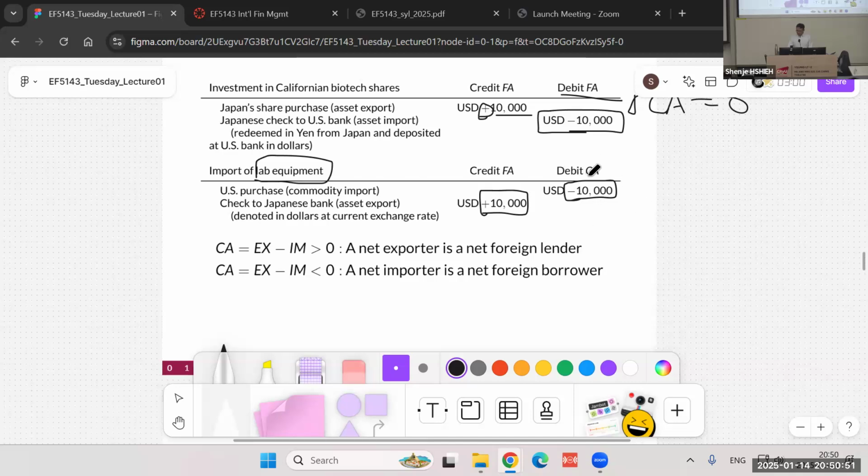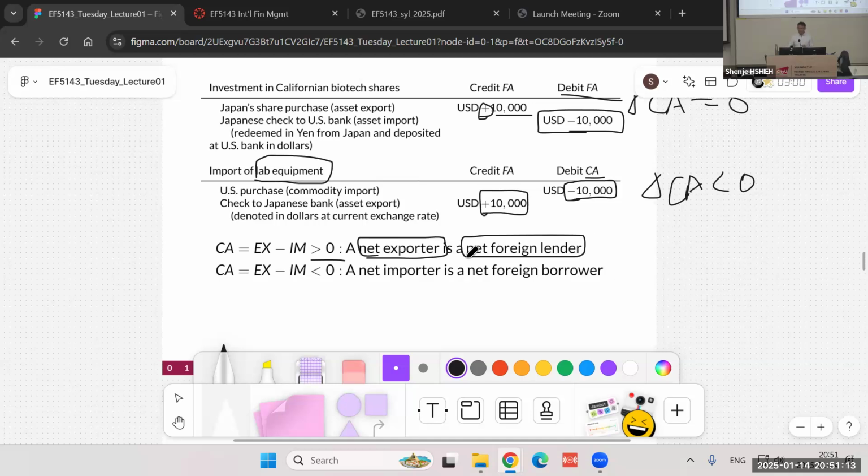It's an extension of credit. Okay, so in this case, because it's a debit transaction, delta CA is going to be negative, right? So in total, let's say over a year, over a fixed period of time, if you have a current account that's positive, we say that country is a net exporter within that year, or a net foreign lender.